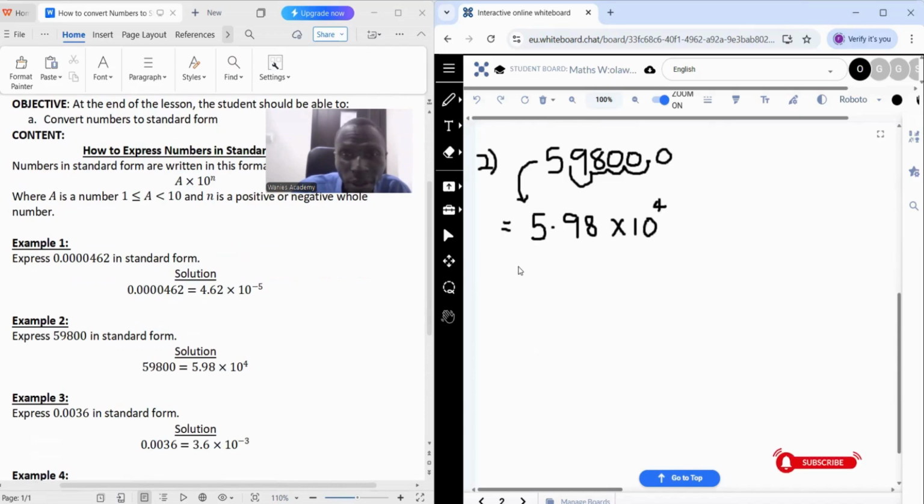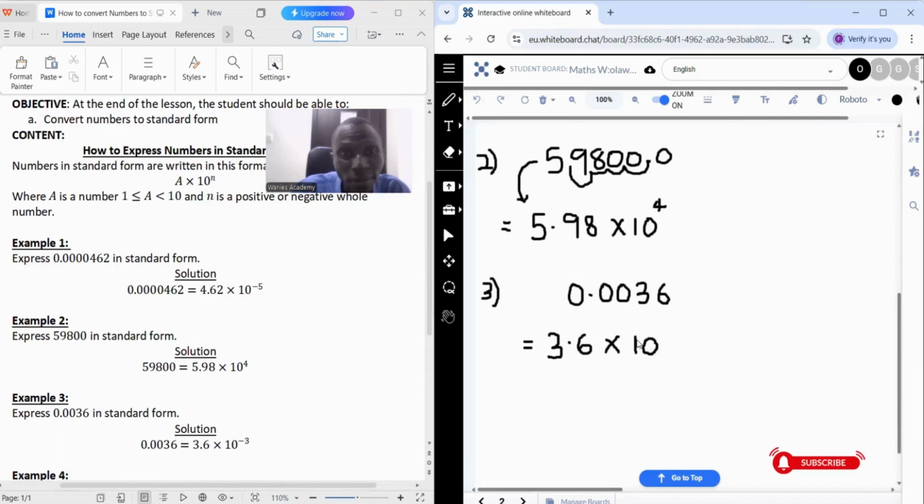Example 3. Here we have 0.0036. We have to express this number in standard form. First you have to think about the first number. The first number here will be 3.6, then multiplied by 10.